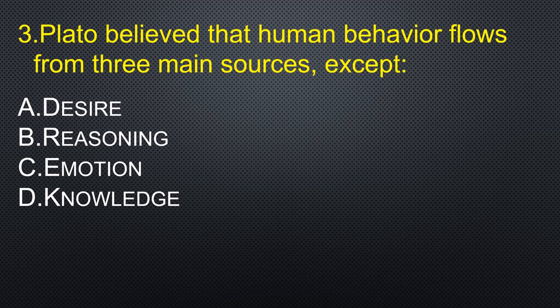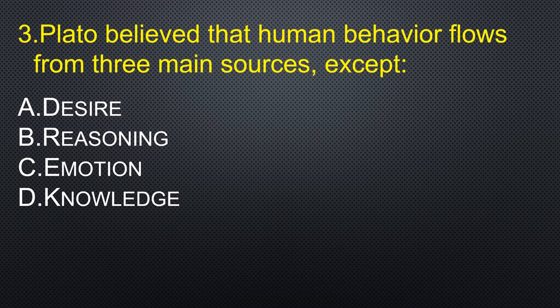Okay, so number 3. Plato believed that human behavior flows from 3 main sources. Okay? So we are now in the perspectives of human behavior, meaning what are the ideas or opinions concerning what makes a human behavior. Under the philosophical perspective, we have, of course, Socrates, Plato and Aristotle, and other philosophers of the ancient age.